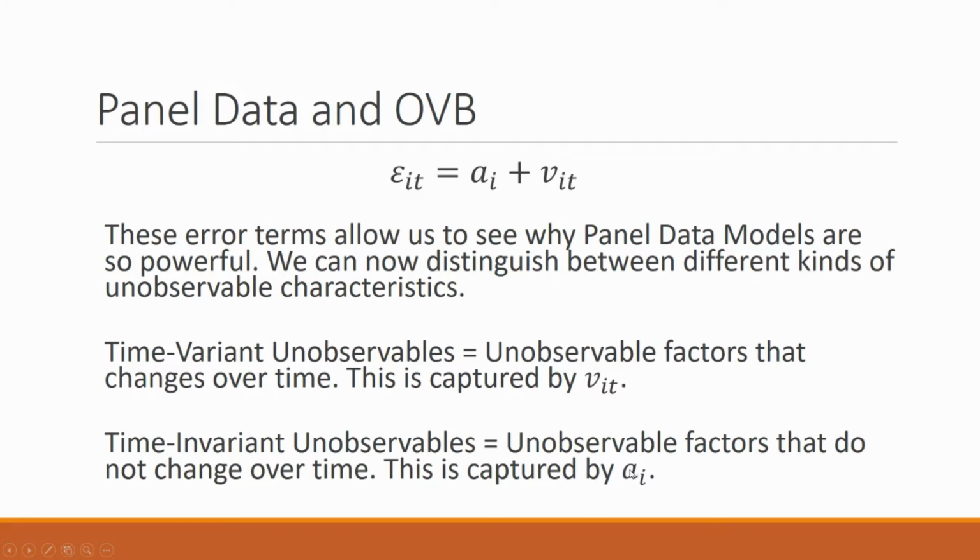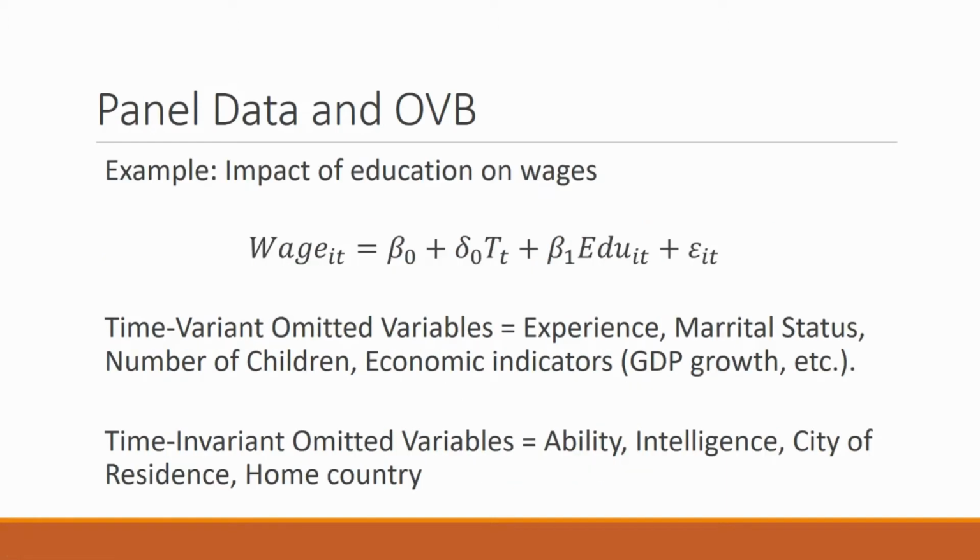Okay, two different kinds of unobservables. It's very important to recognize what these are and to make this distinction. Time-variant unobservables, factors that change over time, and time-invariant unobservables, factors that do not change over time. Okay, so let's give some examples to make this more clear.